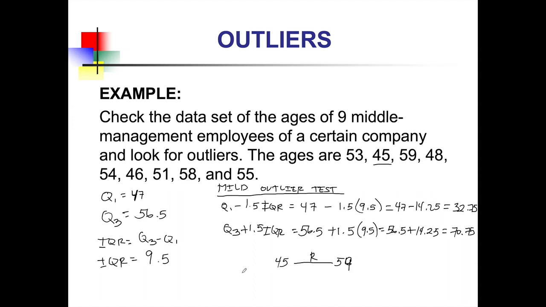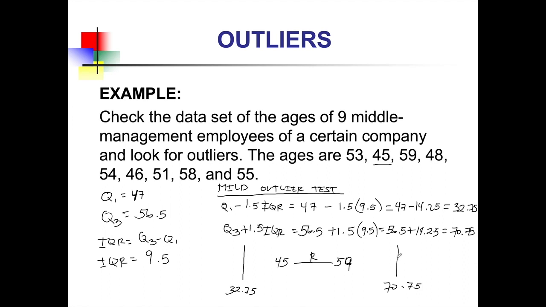Now, let's check if there is a number in the data set that goes below 32.75. So, let's assume this is the place where 32.75 is, and this is where the 70.75 is. Let's check if there is some data that falls outside these two limits.